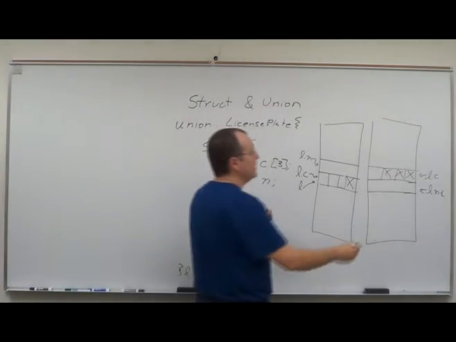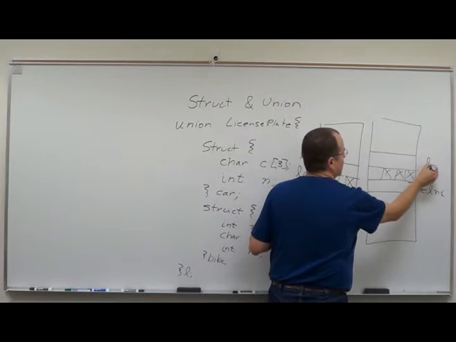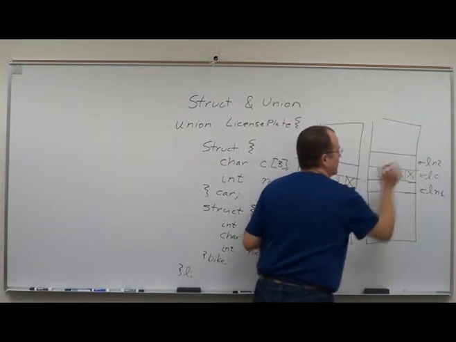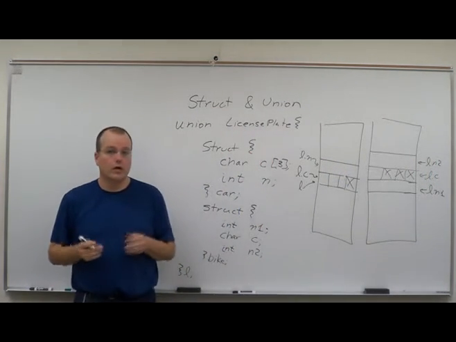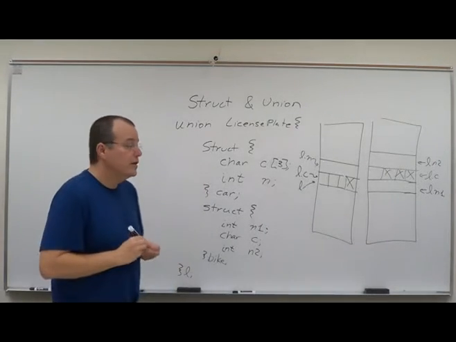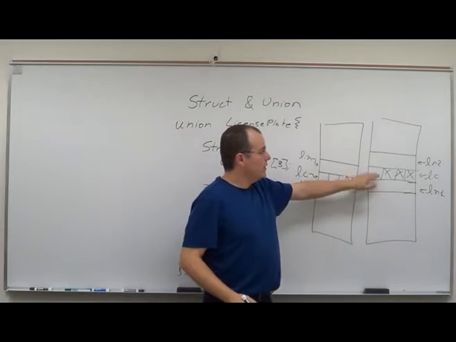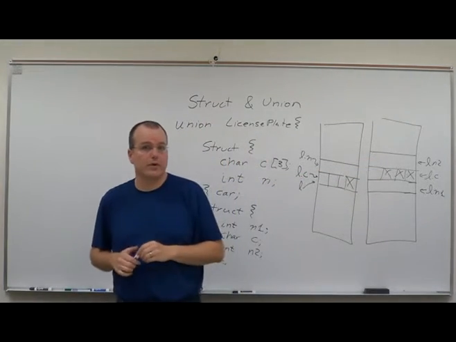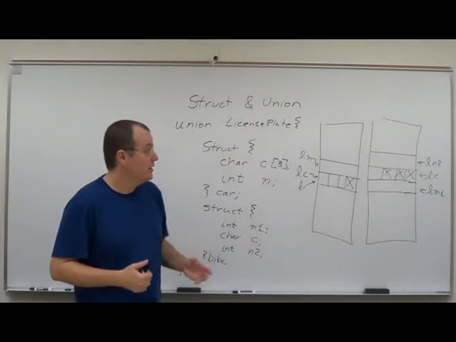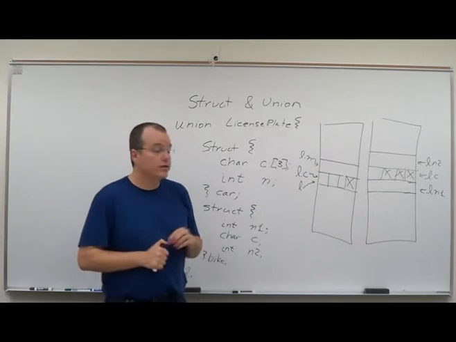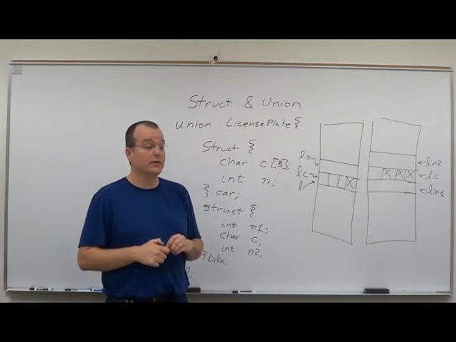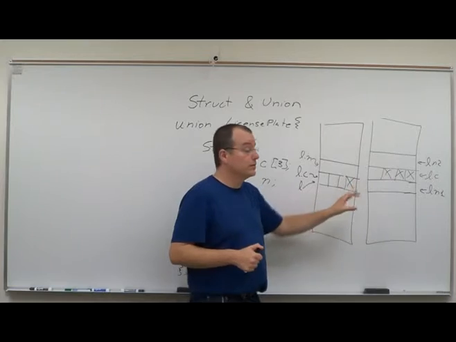And those 3 bytes of padding put L.N2 on a 4-byte boundary. So if we ask ourselves how big is a license plate, it's 3 4-byte chunks of memory, so 12 bytes, even though one of the nested structures is only 8 bytes. We take the larger of the two.